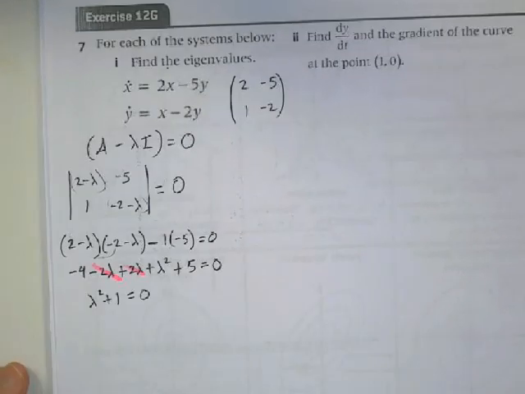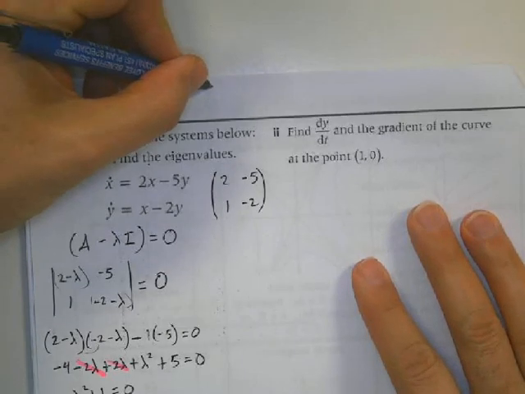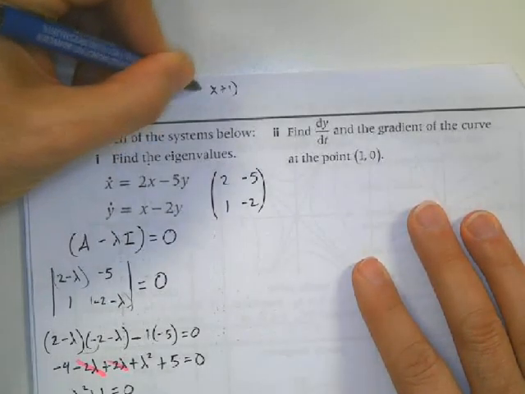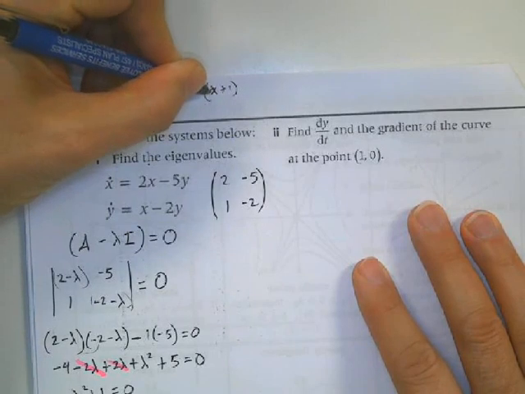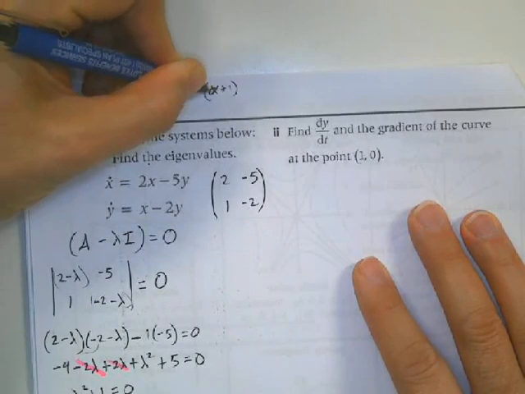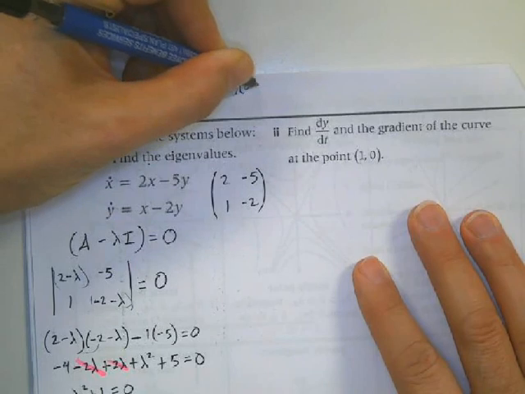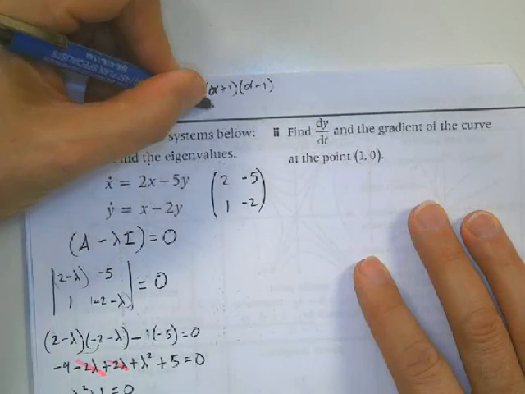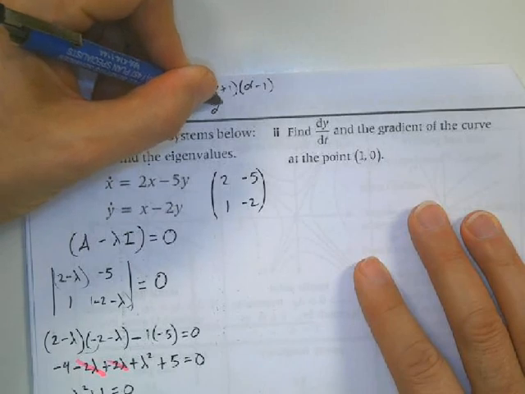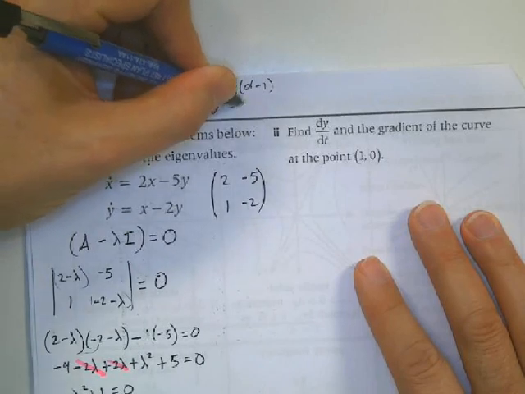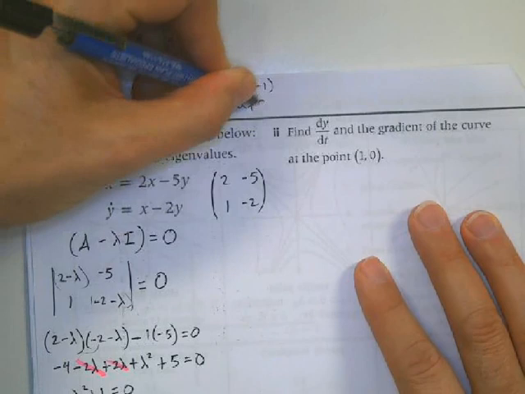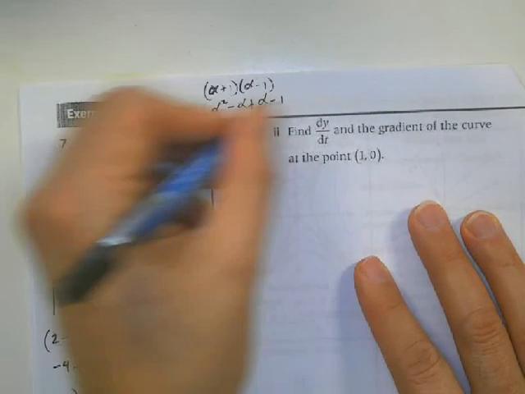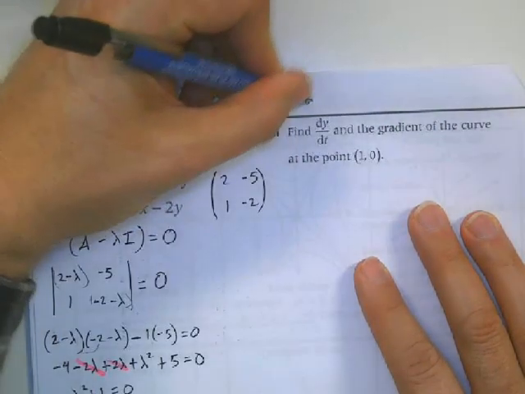And we know the difference of squares up here. If I've got alpha plus 1 times alpha minus 1, we know that's the difference of squares, which gives us alpha squared minus alpha plus alpha minus 1, right? Difference of squares is alpha squared minus 1.